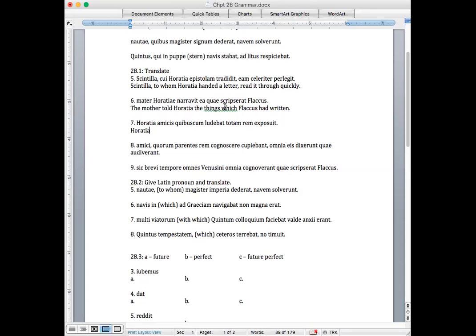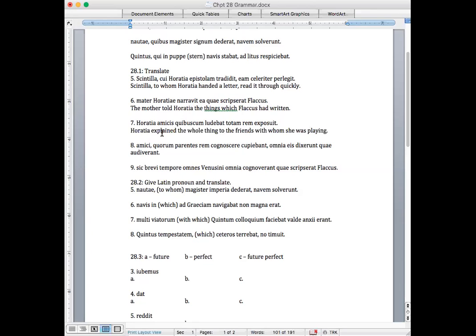So Horatia explained the whole thing, totam rem, the whole thing, to whom? The amicis, to the friends, quibuscum ludebat, to the friends with whom she was playing.